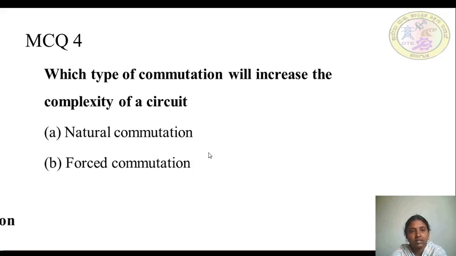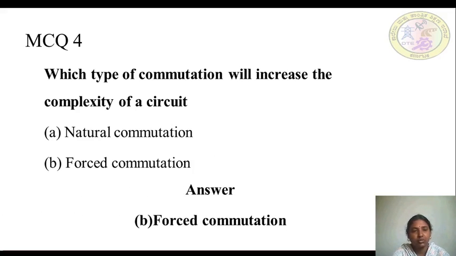So the answer is forced commutation, because in case of natural commutation, naturally the current or voltage will go to zero. So there is no need of doing things externally or forcibly. It will be done automatically for turning off of an SCR.